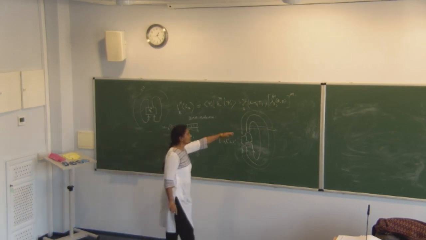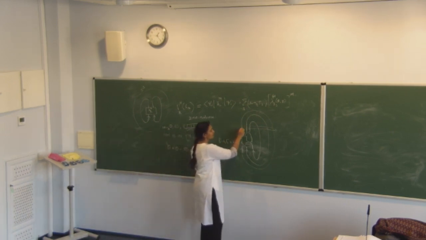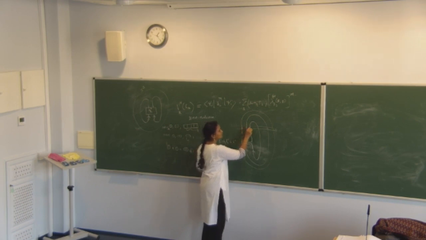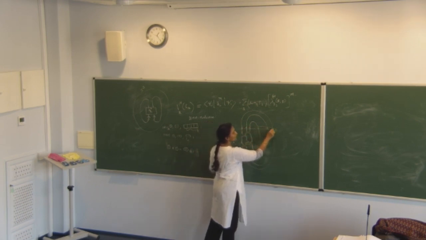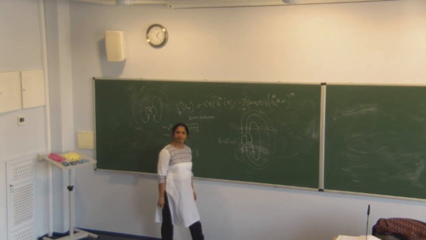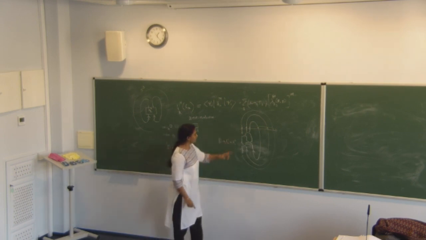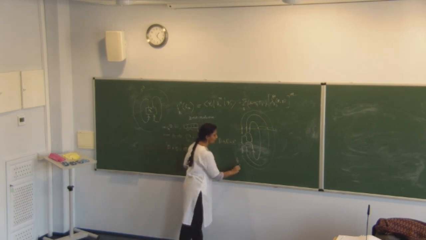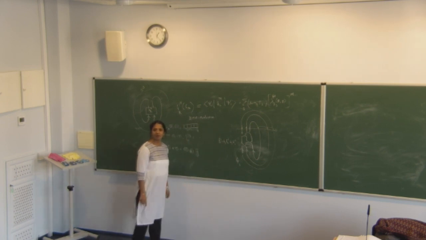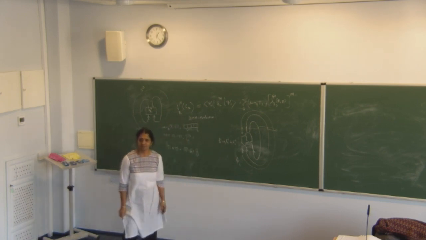So this is an S2 slicing. The punctures are 1, 2, 3, 4, 5, 6. Incidentally, this closure knot is nothing but the figure 8 knot, and we would like to evaluate this.